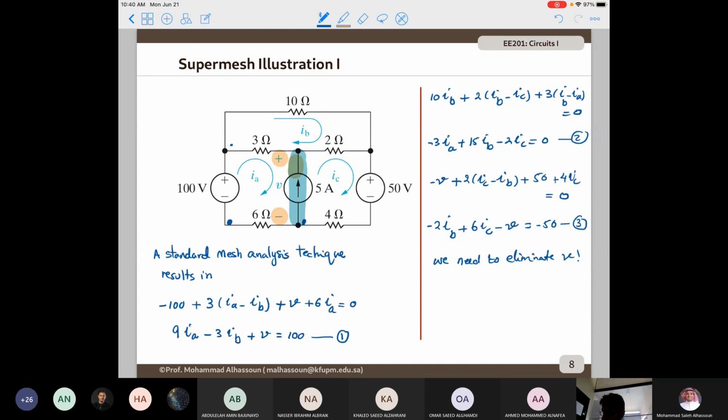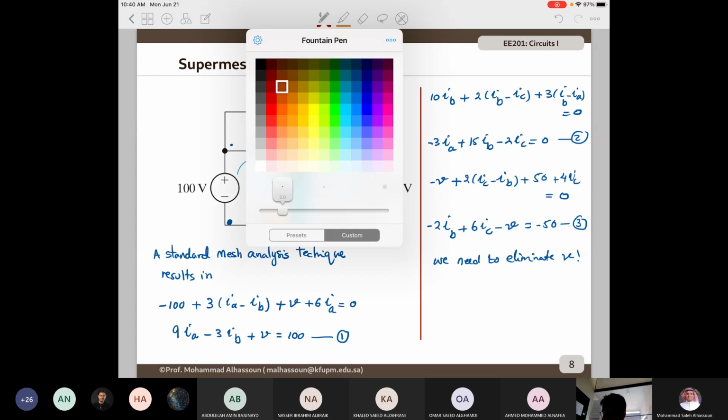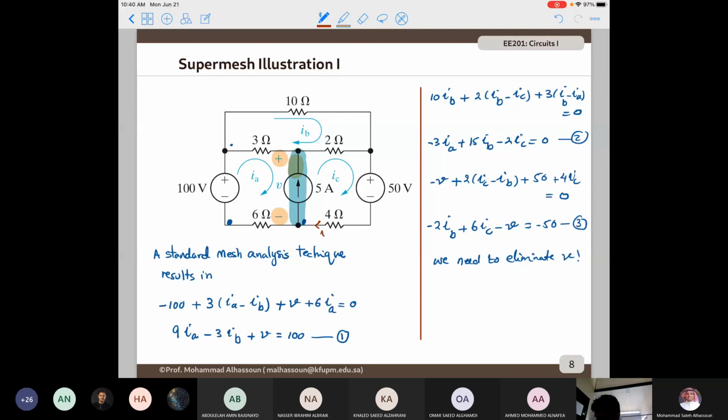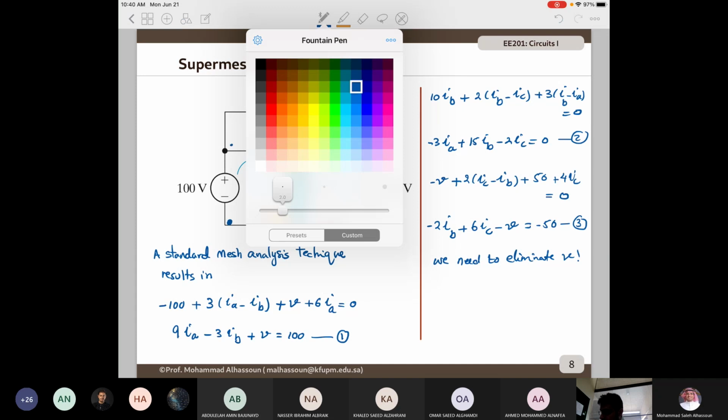So I have IC here. This is IC. This is IA. And this is 5 ampere.